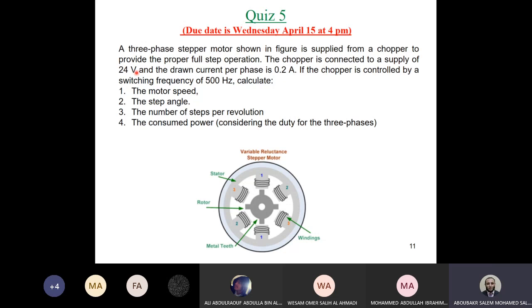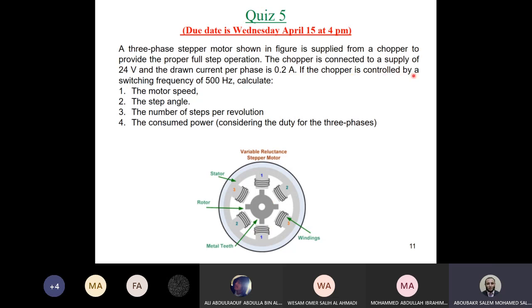So the circuit will simply be one DC supply of 24 volt connected in series with a switch and coil in order to supply this coil. The current drawn per phase is 0.2 amps. So each phase or each coil will draw 0.2 ampere.